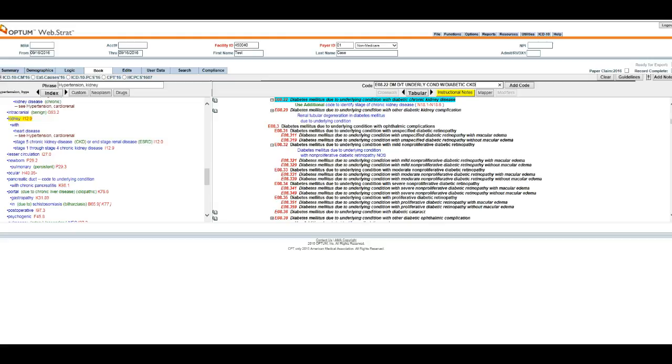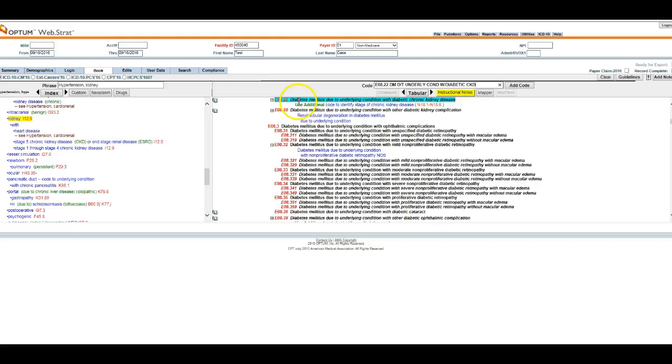Then from there, the renal artery began to constrict, resulting in renal vascular hypertension. And then the patient ended up having a right-sided nephrectomy, a portion of or all of her right kidney removed. And then from there, the disease progressed into end-stage renal disease.